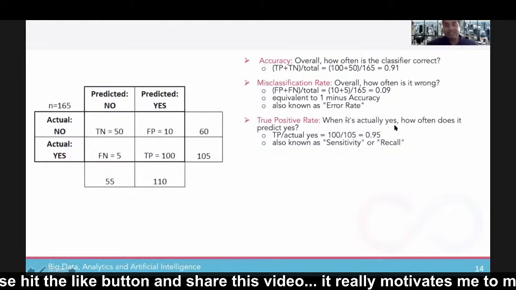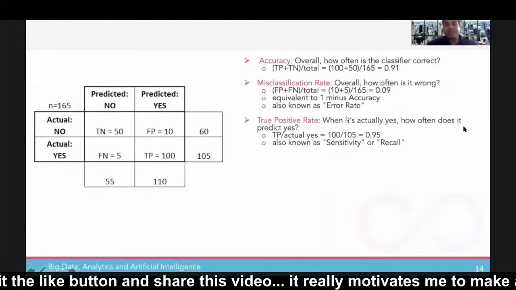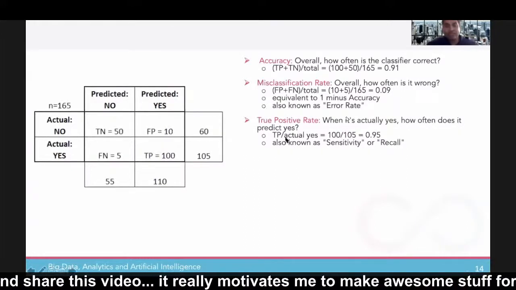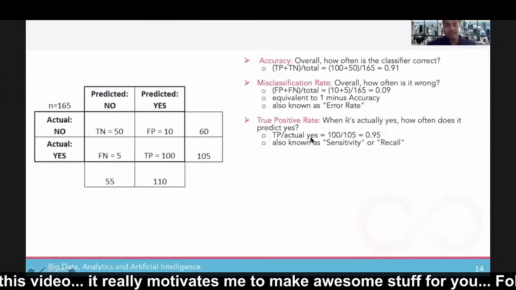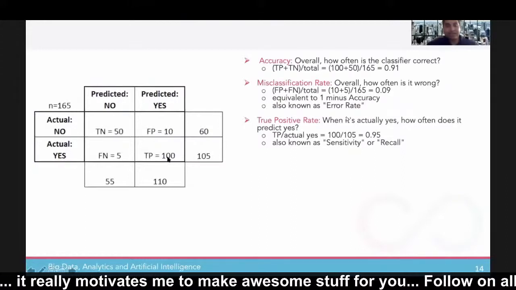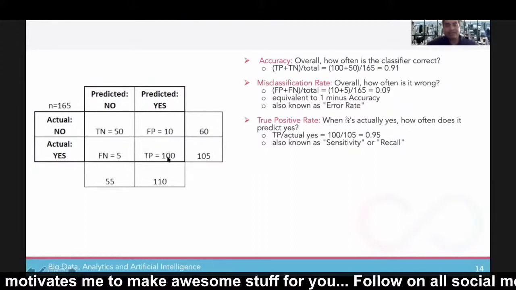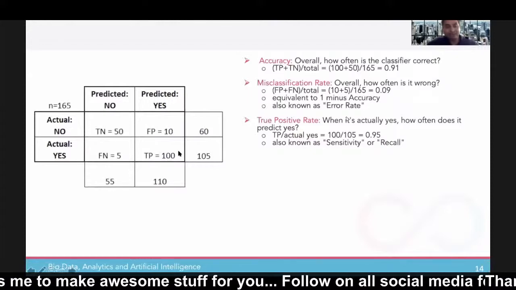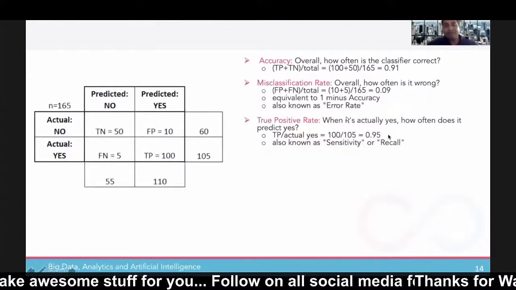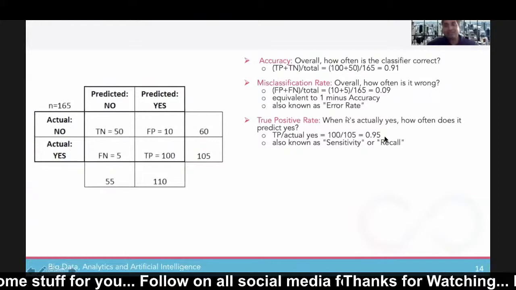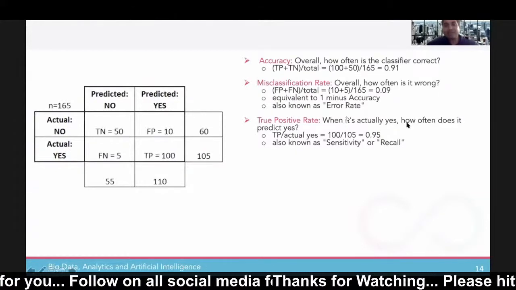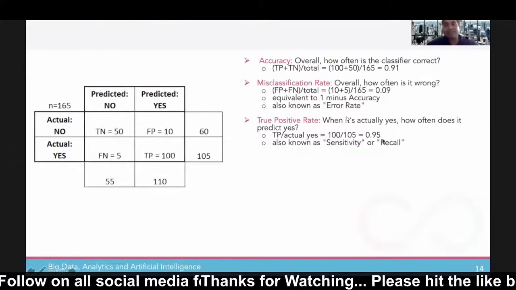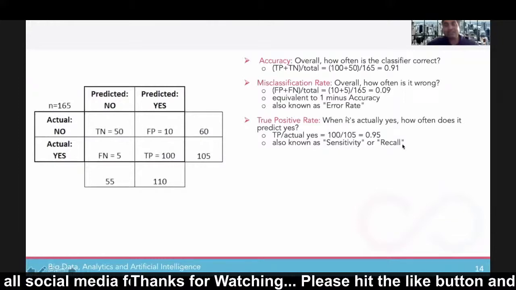Now the true positive rate: when it is actually yes, how often does it predict yes? So true positive divided by actual yes. True positive is 100 and actual yes is 105, so that is 0.95. This is the sensitivity or recall.